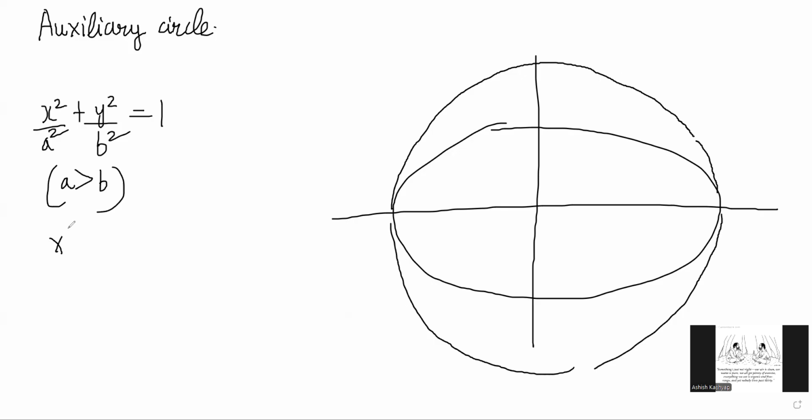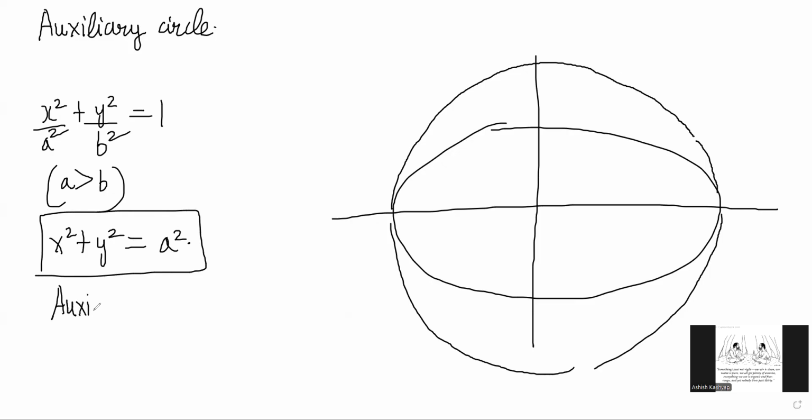Basically, the equation of the circle that we are talking about is x square plus y square is equal to a square. This circle is known as the auxiliary circle. The center of the ellipse and the center of the auxiliary circle are the same. It is 0, 0. The radius of the auxiliary circle is a, whereas a was the semi-major axis of the ellipse.